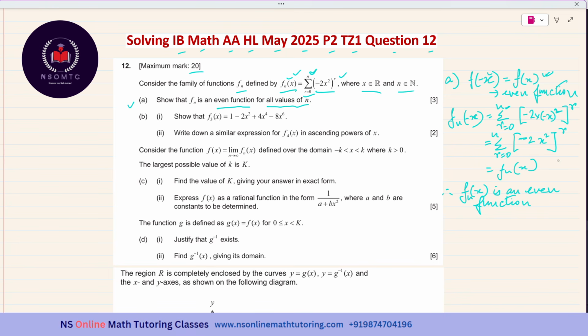We have proved this relation between fn of negative x and fn of x without changing the n part. So we can say that it is true for all values of n. Shown.